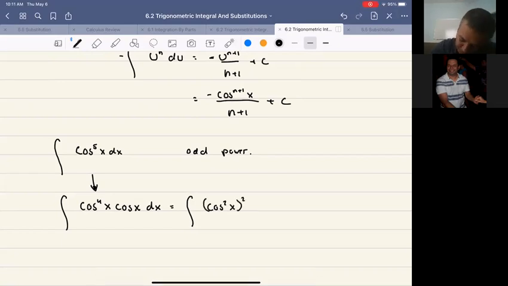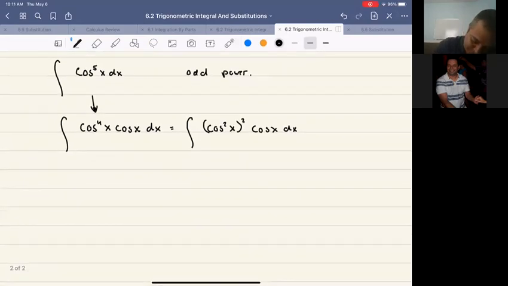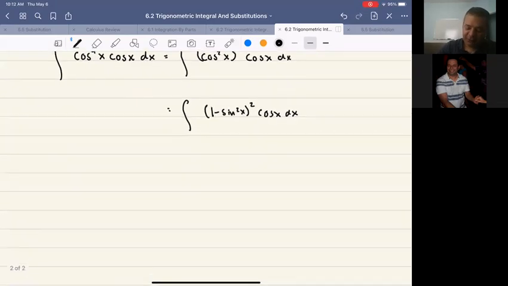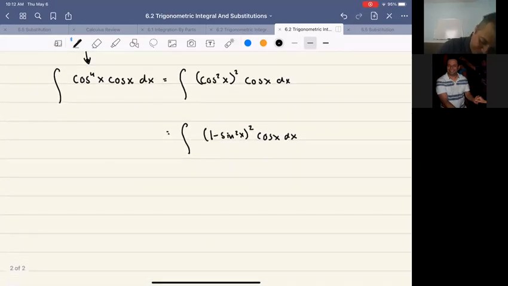And now cosine squared, remember, is 1 minus sine squared. So now we can let our u be sine of x in this case.